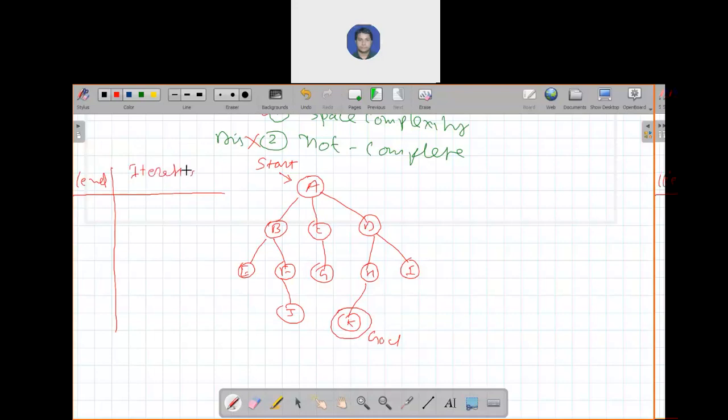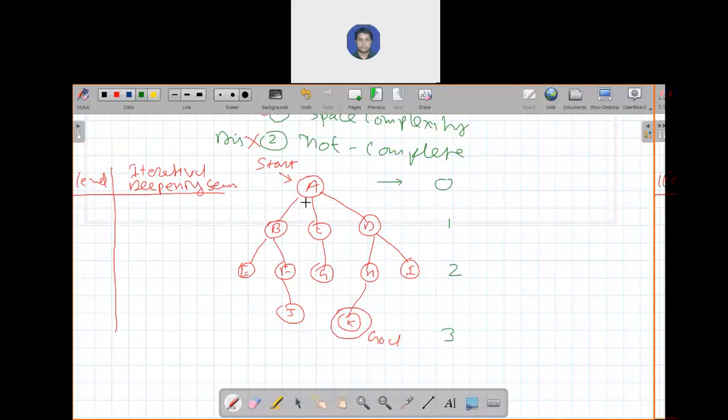Let me write down the principle we follow. Let's write the depth. This is depth 0, as you know. This is depth 1, depth 2, depth 3. What is the depth?